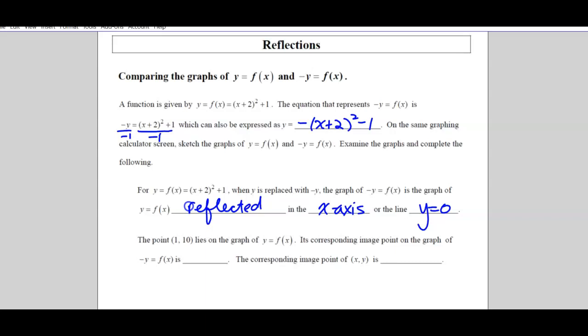Take the point (1, 10) on the original. If we're reflecting in the x-axis, it's changing the sign of the y value. In general, that means it's changing the sign of y. And that makes sense. You're replacing y with negative y. Okay, so that's a reflection in the x-axis.